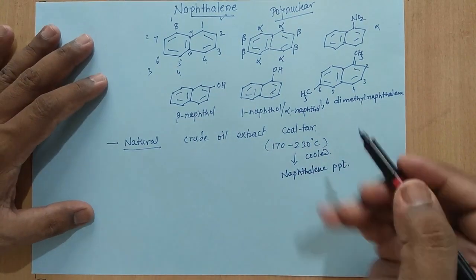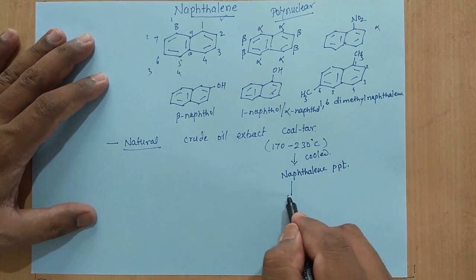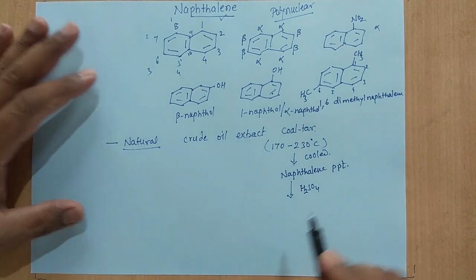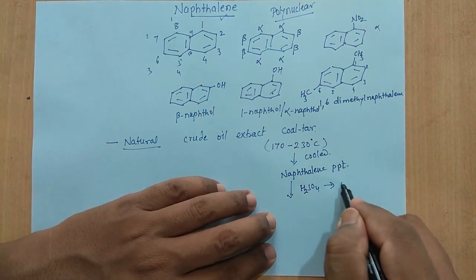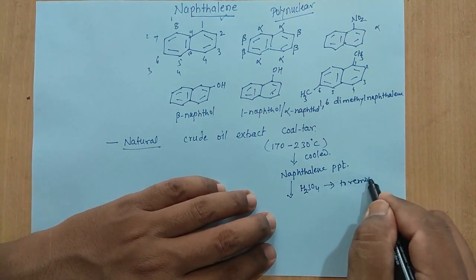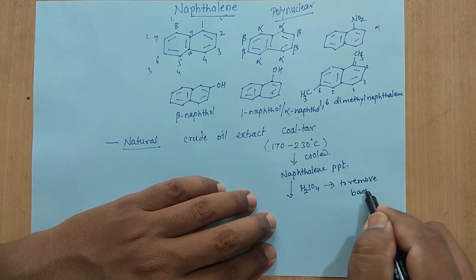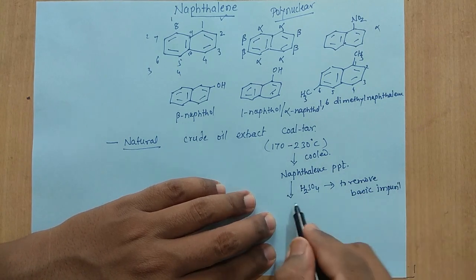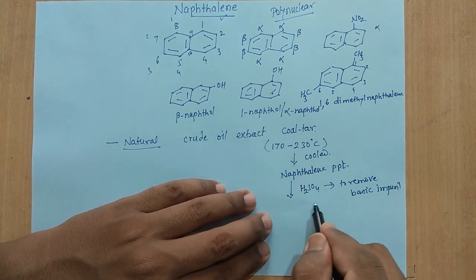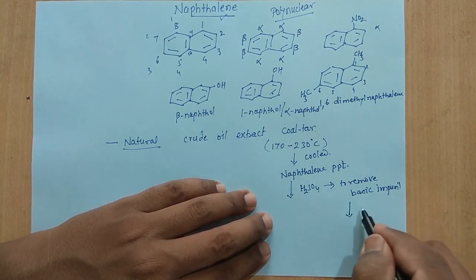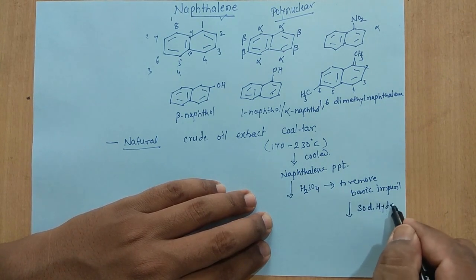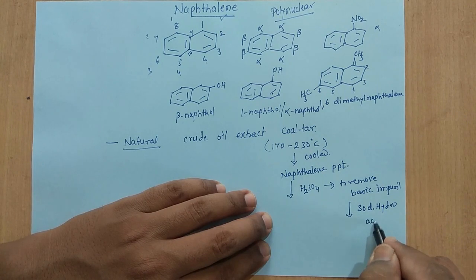Now this naphthalene is separated and washed with dilute sulfuric acid to remove basic impurities. Further, it is washed with sodium hydroxide to remove acidic impurities.